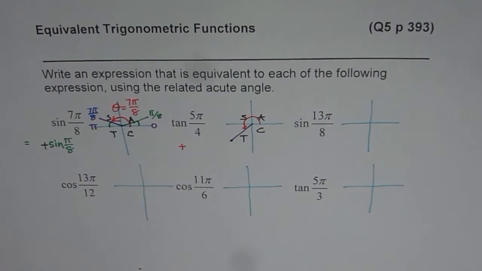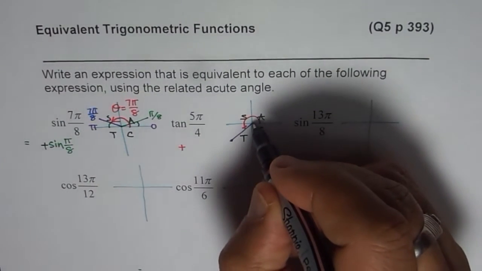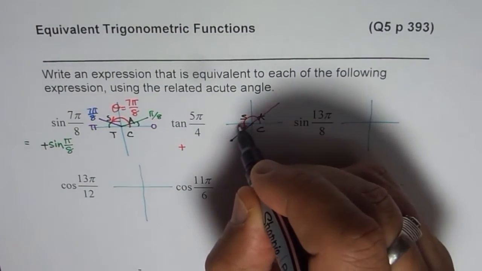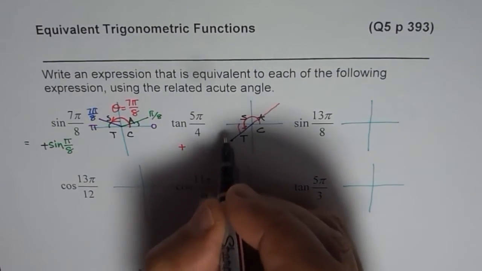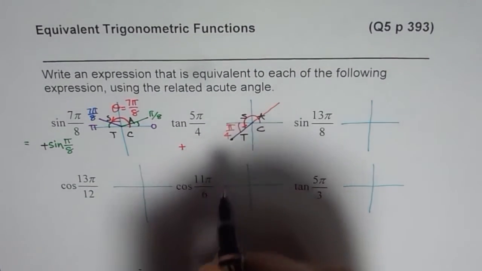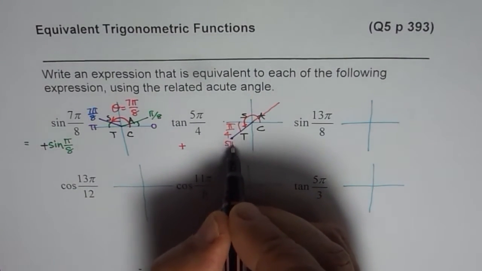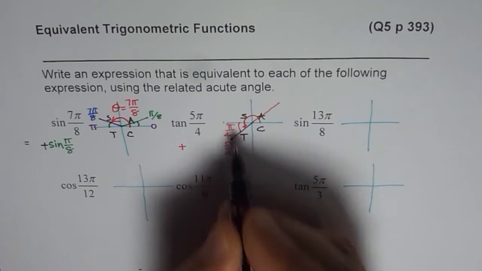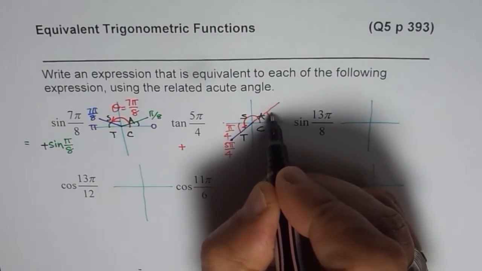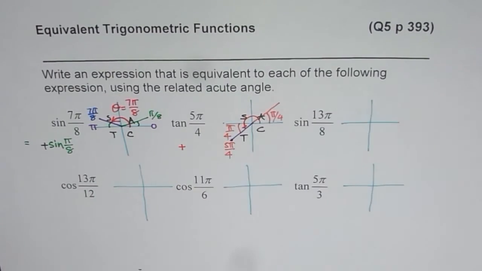Now in this particular case, what is the related acute angle? Can you tell me that now? Now the related acute angle is pi by 4. You're right. So pi by 4, 4 pi by 4, 5 pi by 4. You got the point, correct? So one more pi by 4. So you can say here related acute angle is pi by 4.